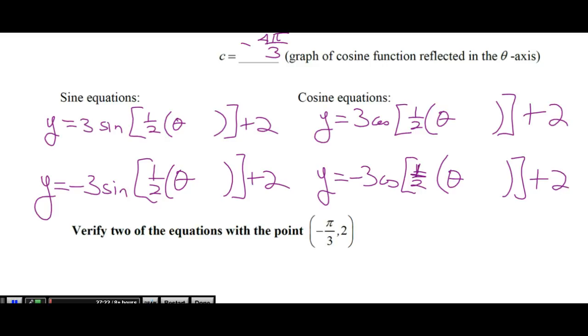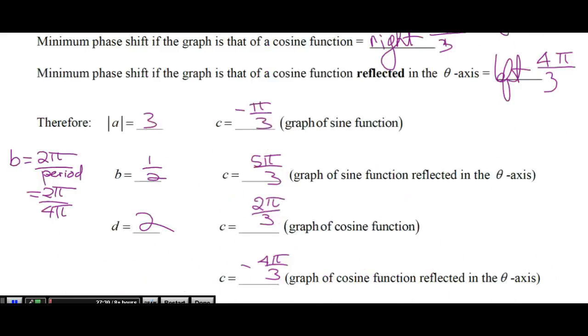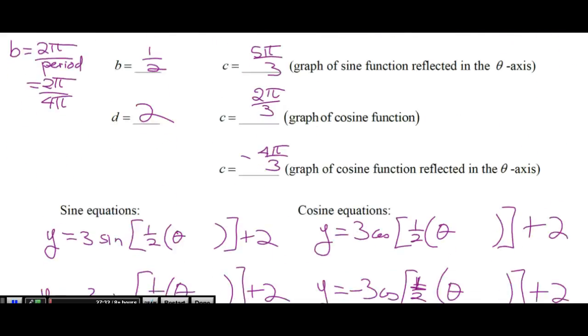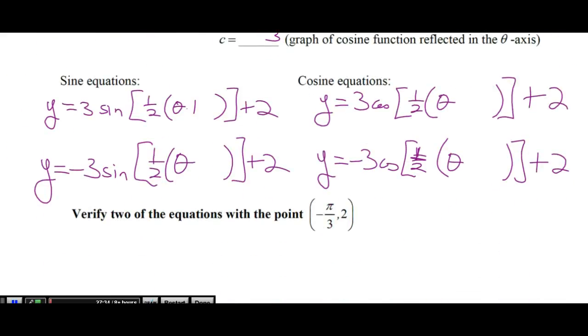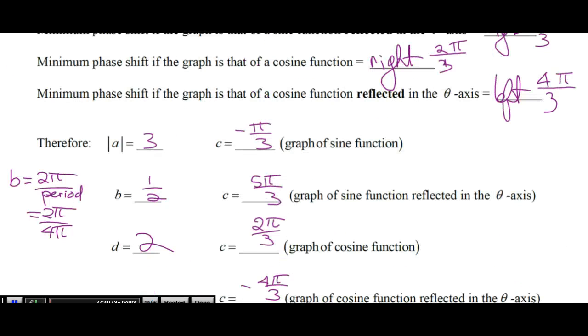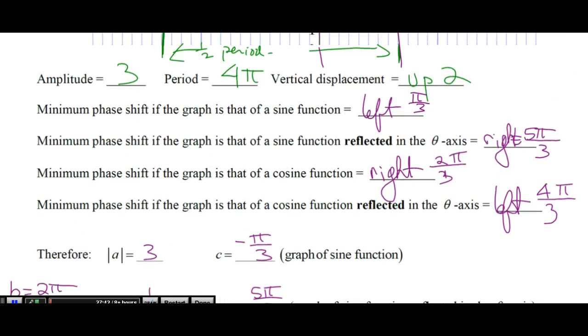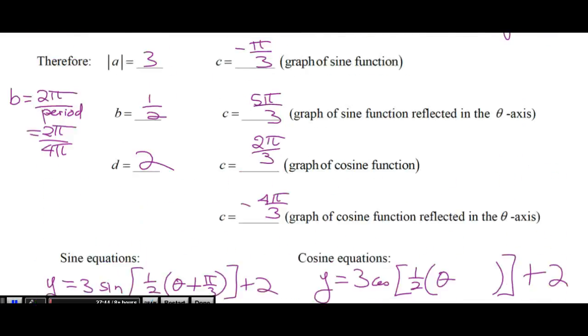Right? They all have the same A value, except the reflected curves have a negative A value. They all have the same B. They all have the same D. Okay. Now I just fill in C. So if C is negative pi over 3, this will be plus pi over 3. Now plus pi over 3 says this is going left, so you've got to make sure, does it say left pi over 3? Yeah, left pi over 3. Okay. Then what?